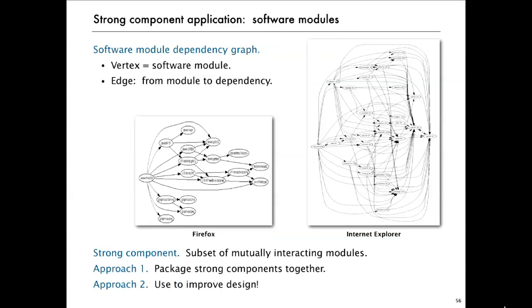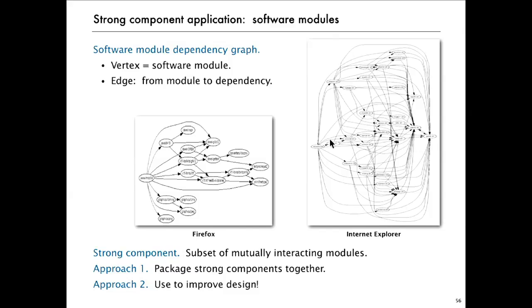Another example is in processing software. Big software is made up of modules, and the vertices are the modules, with an edge if one depends on another. So a strong component in this graph is a subset of mutually interacting modules.